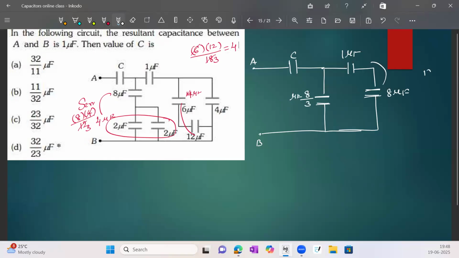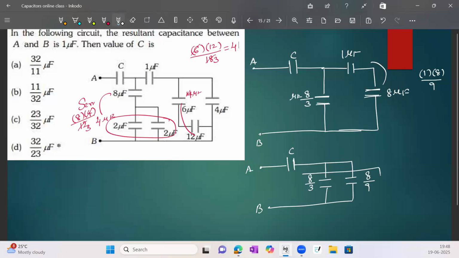Now we see the 1 and 8 connecting in series. So this value is 1 into 8 by 9. The equivalent capacitance we can write, this is C, this is A, this is one capacitance, and this is one more capacitance given as B. This is 8 by 3, this is 8 by 9.